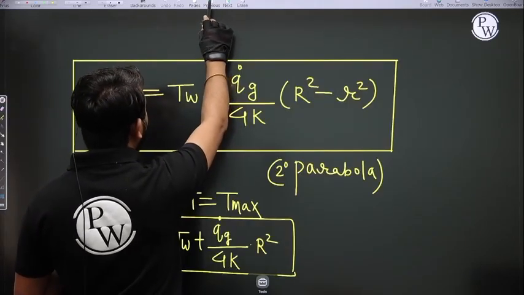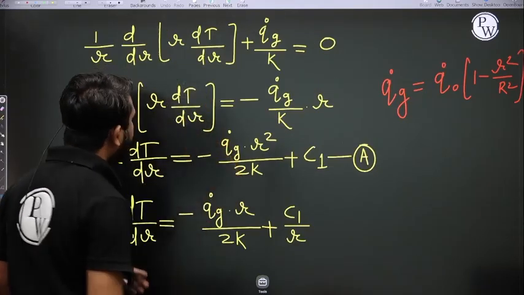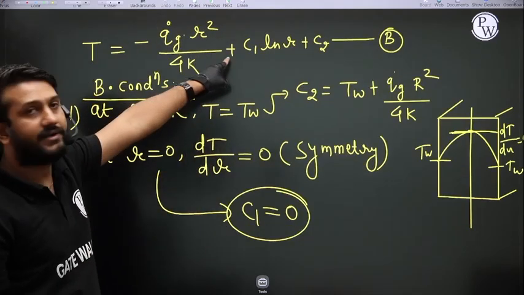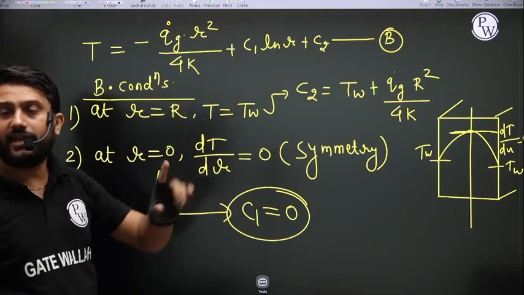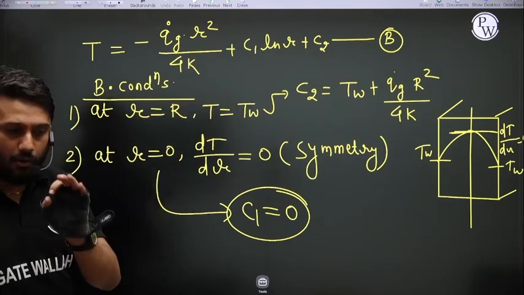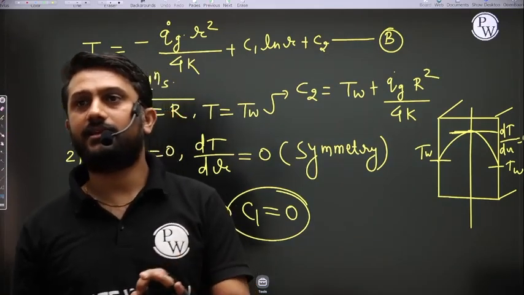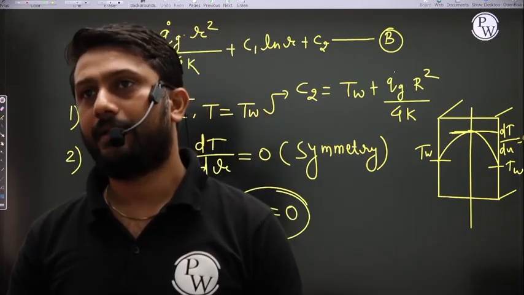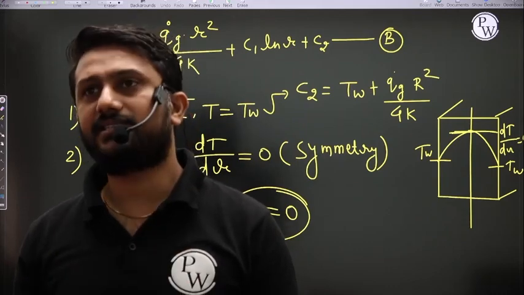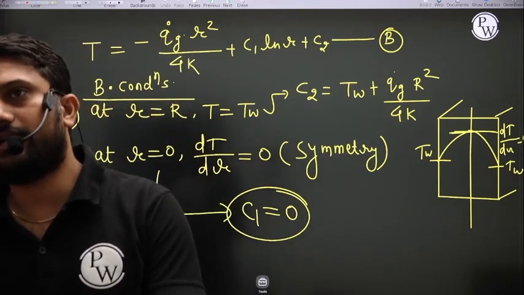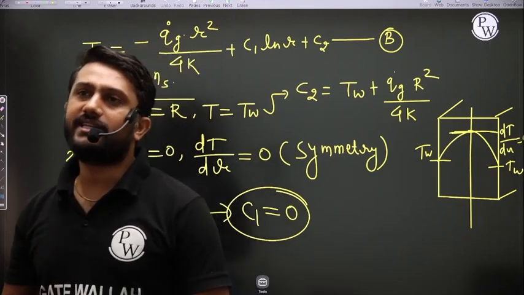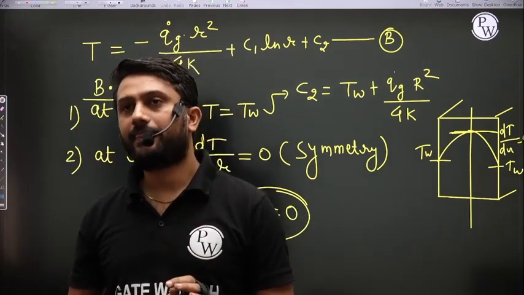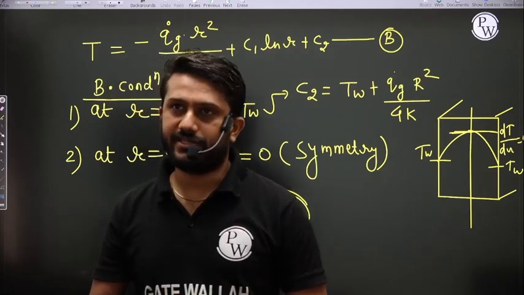In this case, up to here, equation A and equation B are the same. The only change occurs in the boundary condition. And I already discussed that boundary conditions are always according to the problem. See the problem carefully and find the boundary condition.